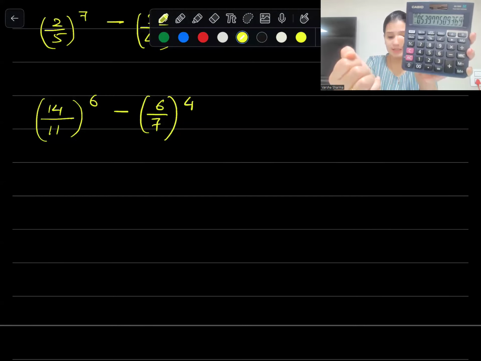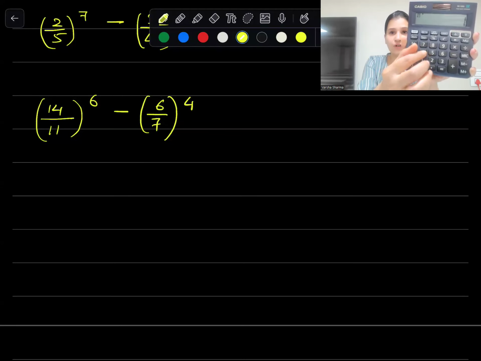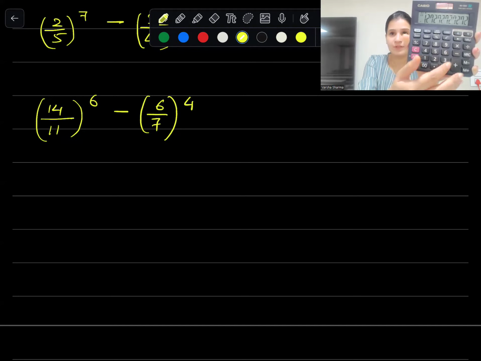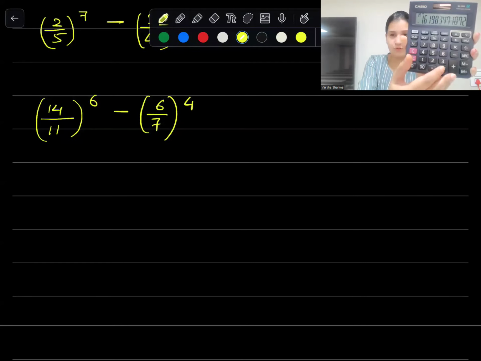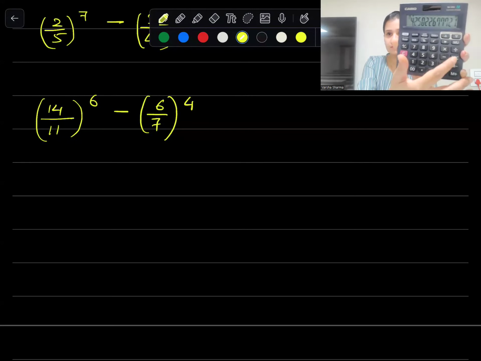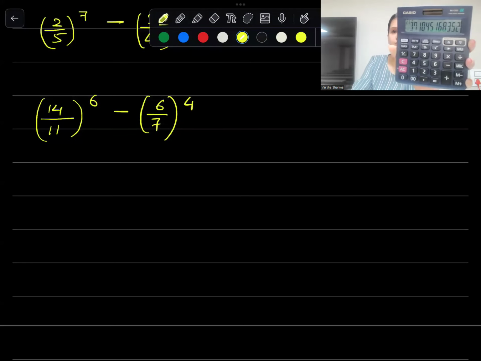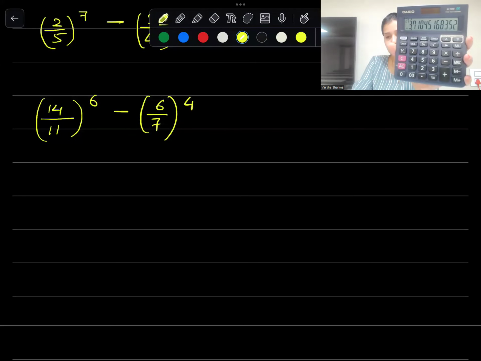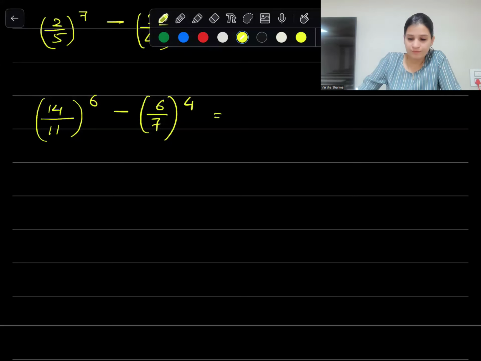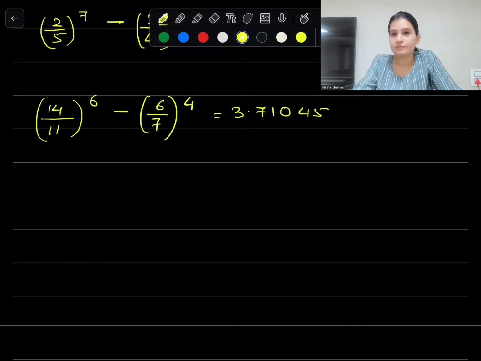Pressing M minus because there's a negative sign before that. 14 divided by 11, equal, 2, 3, 4, 5, 6, plus, MRC, equal. Is this the value? Yes, ma'am. I hope everyone has got this answer. 3.71045 and so on.